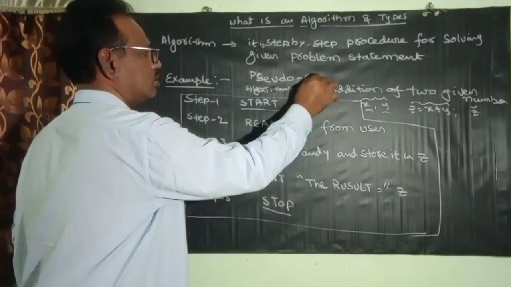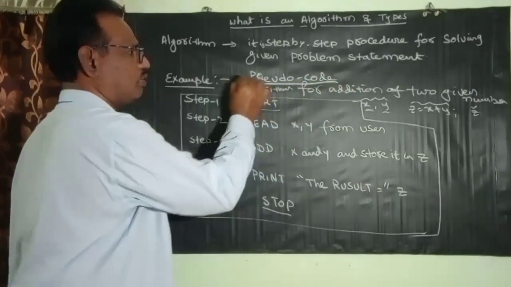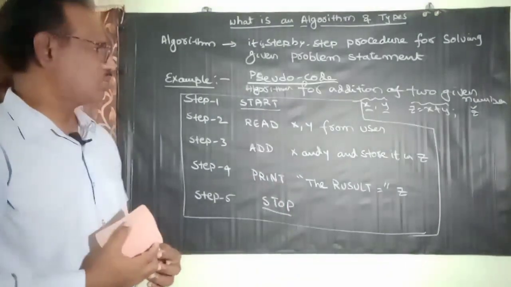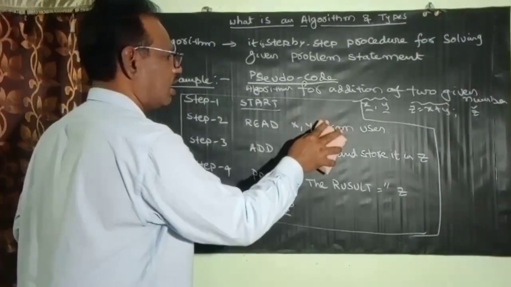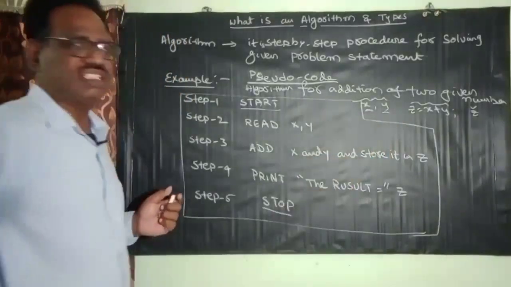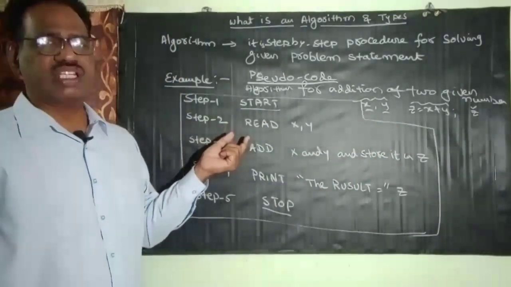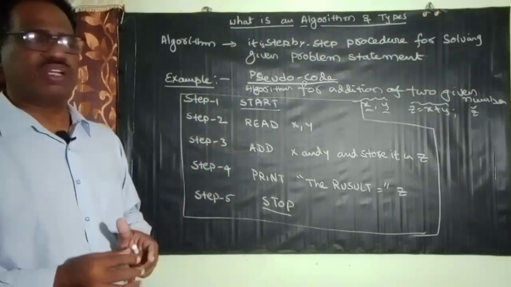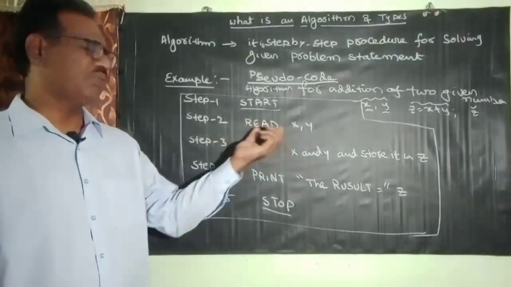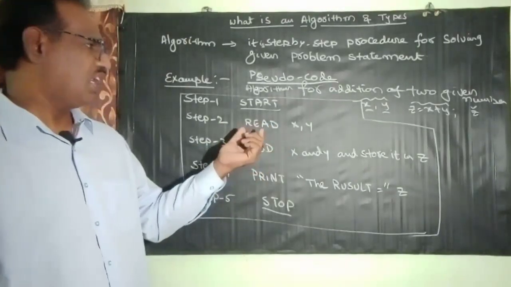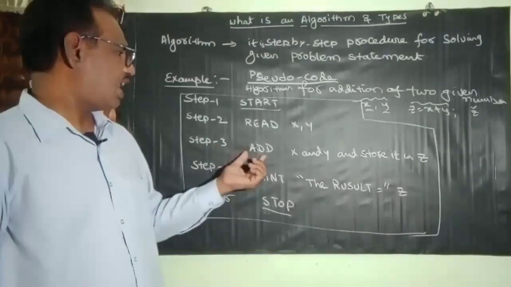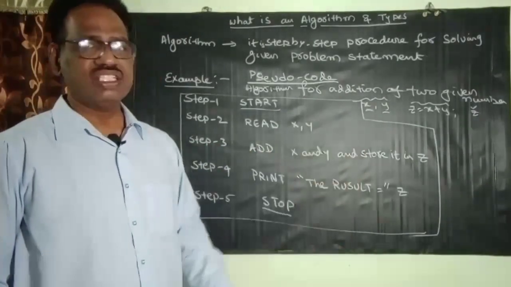Instead of writing the entire statements, I can use only the statement read x comma y. That is the simple statement. Read means you can take it from the user or keyboard, whatever. It explains that we have to get the two values from the user. Then add x and y and store it in z.